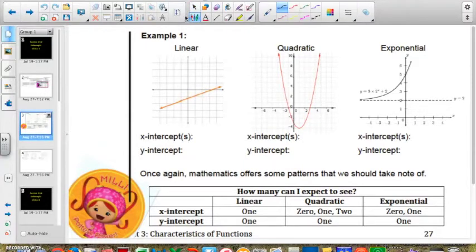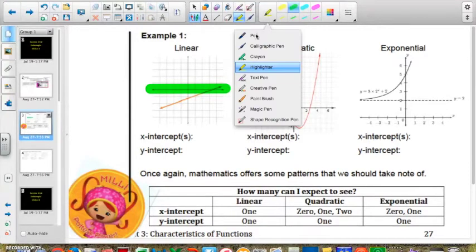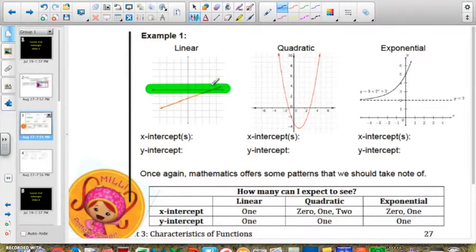So for a linear function, we're going to be looking at a function that looks like this. Our x-intercept is going to be where it crosses the x-axis, so this one right here. And we're going to want to look to see what x value that crosses off at. Now it looks like on this one, the x-intercept is going to be kind of halfway in between two of our marks.